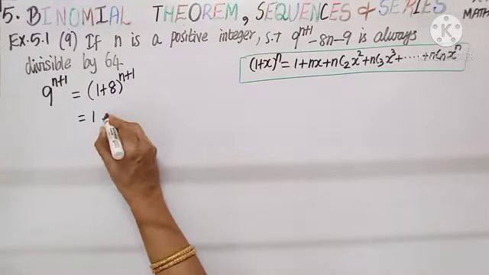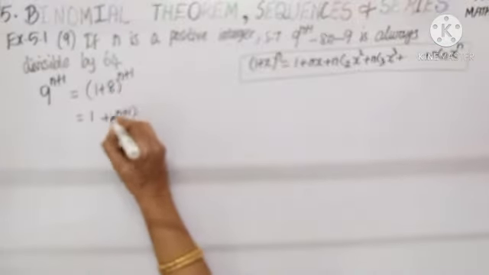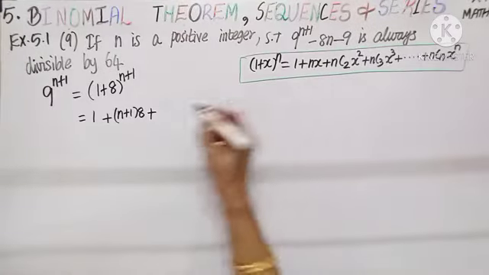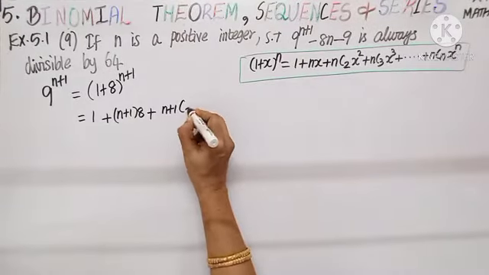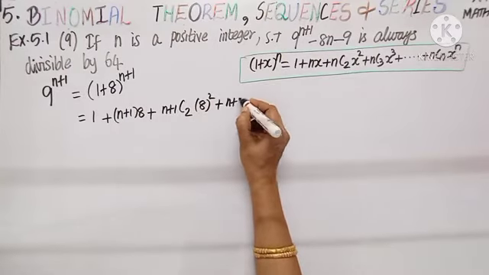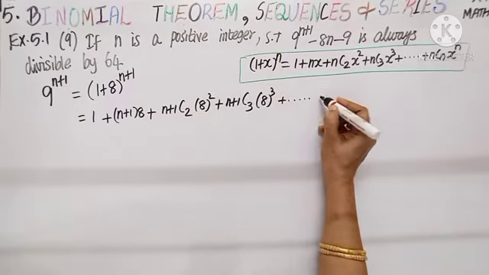Now, if I apply this here, it is 1 plus (n plus 1) into 8 plus (n plus 1)C2 8 square, next term (n plus 1)C3 8 cube and so on.